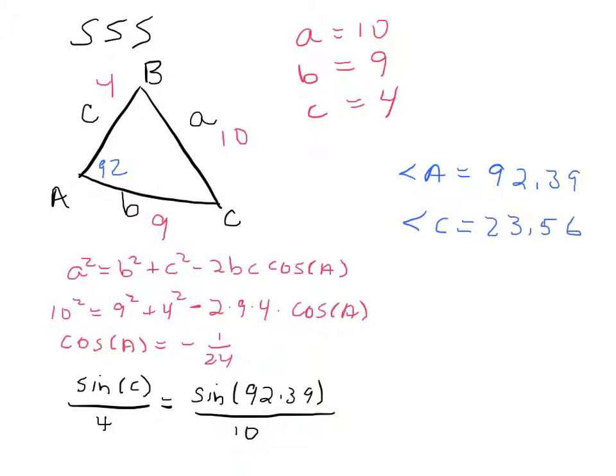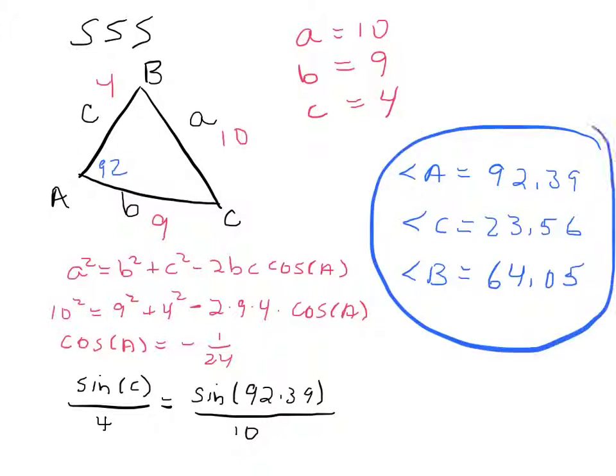So now I have two angles, and I can get the third angle by just figuring out that they all have to add up to 180. And so the measure of angle B, I think, comes out to be about 64.05. So please do notice that I had one application of the law of cosines, and then I could use the law of sines. Law of sines is easier if you can use it.